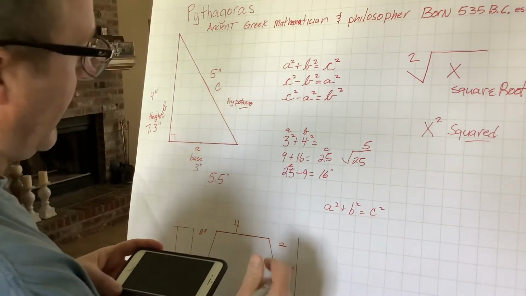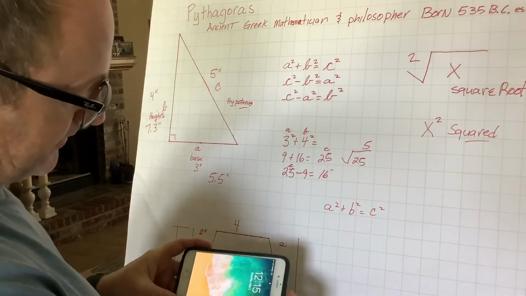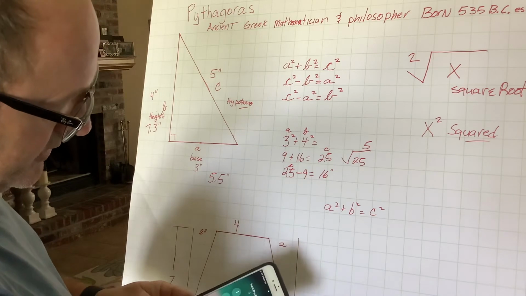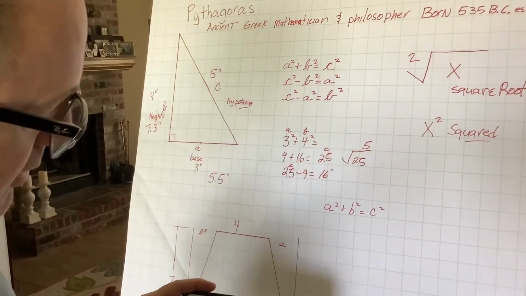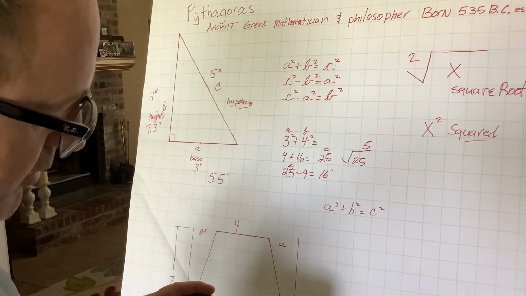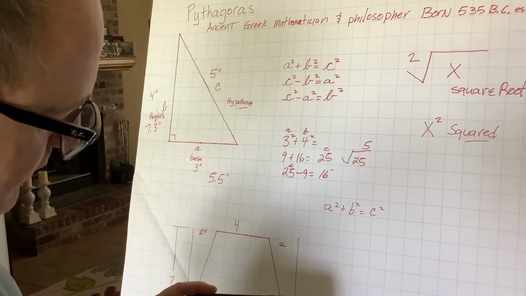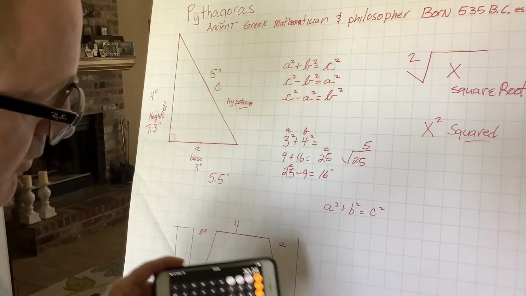So in this case A, we're going to take 5.5. We're going to square it, x2, equals 30 1/4.